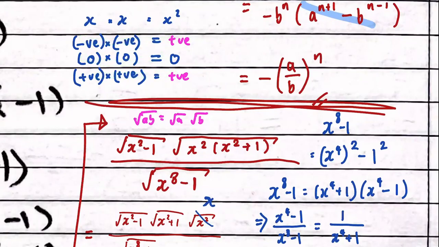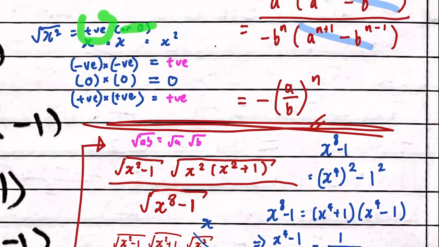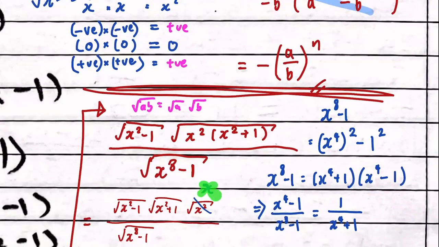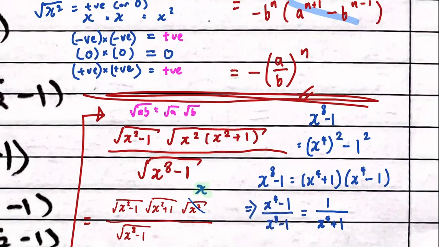Square root x squared should be positive or 0. Zero is a boring case, let's ignore it and focus on the positive. But if I just put down an x, is there a possibility that the x itself is negative? I'm not asking about x squared, the x itself.